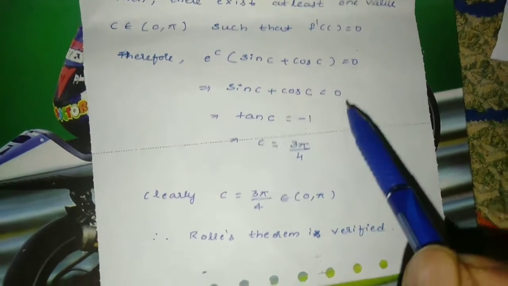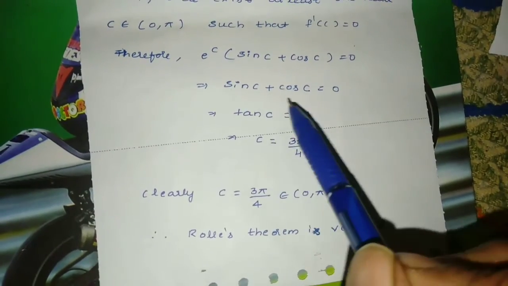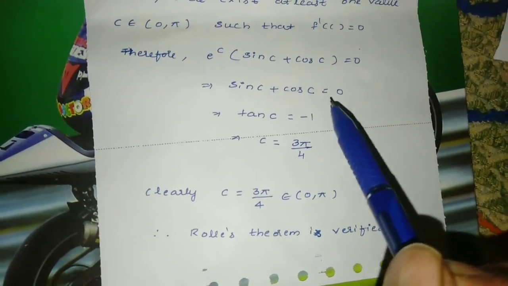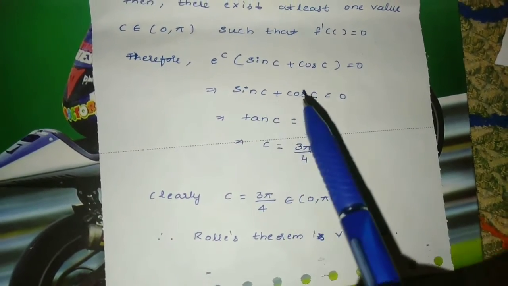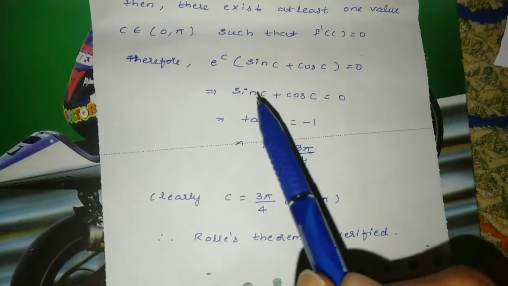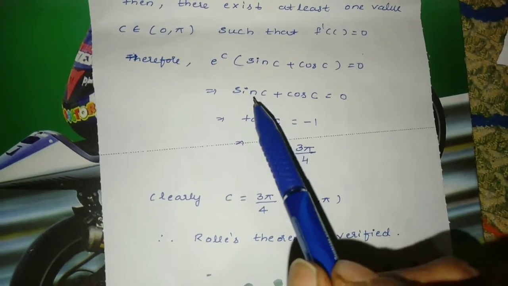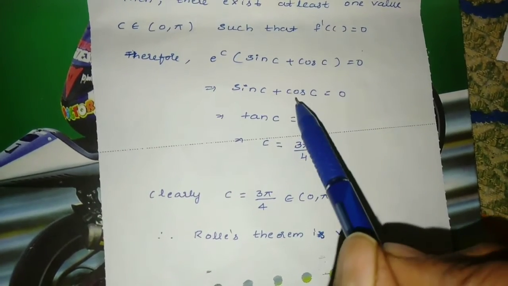Sin c plus cos c is equal to 0, and dividing cos c on both sides we get sin c by cos c plus 1 is equal to 0.